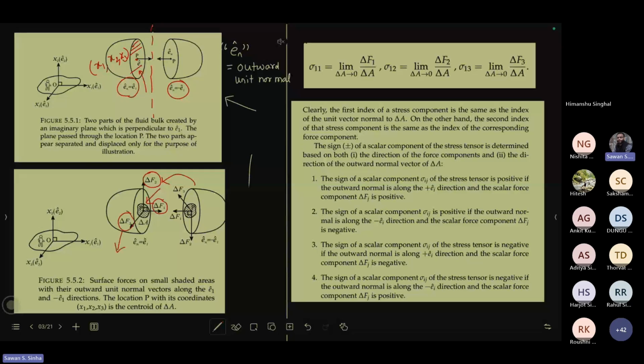So these are components of the force that the right half exerts on the left half.